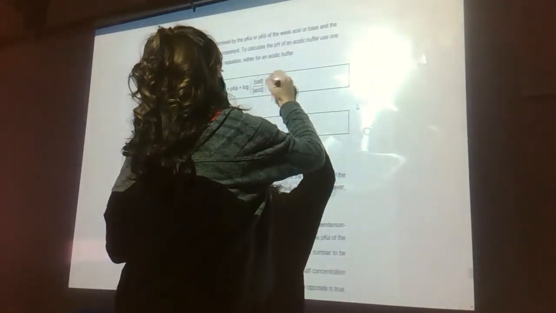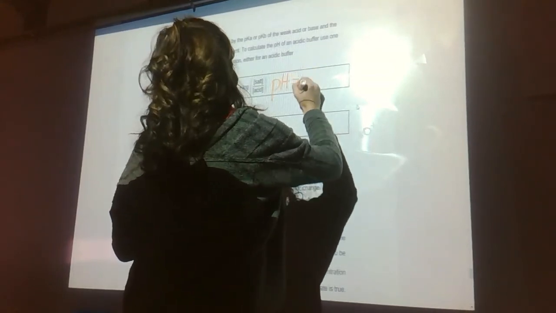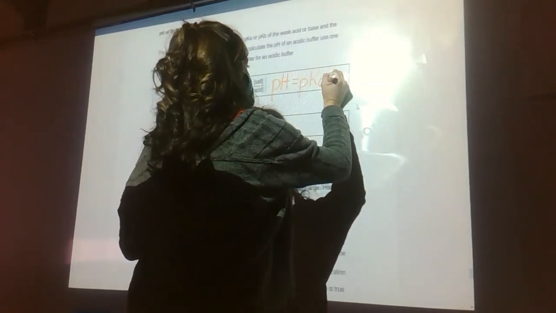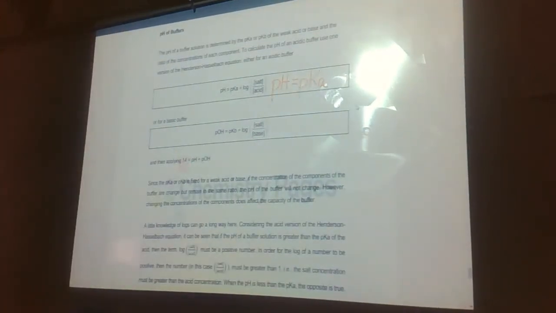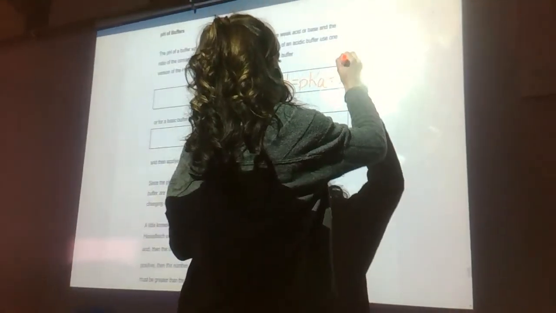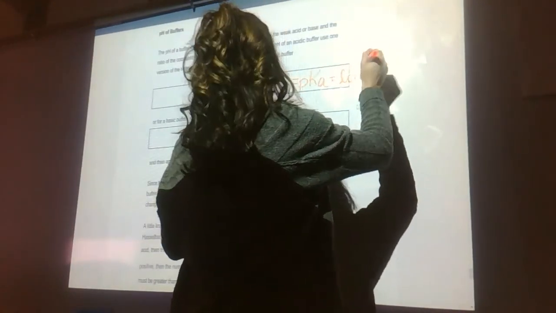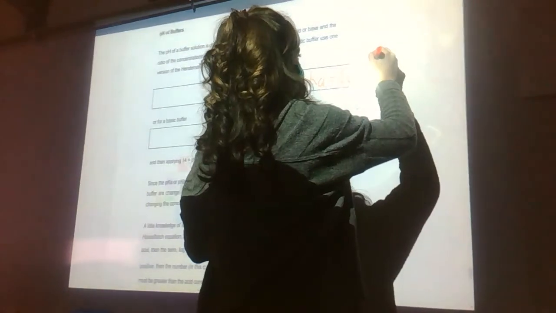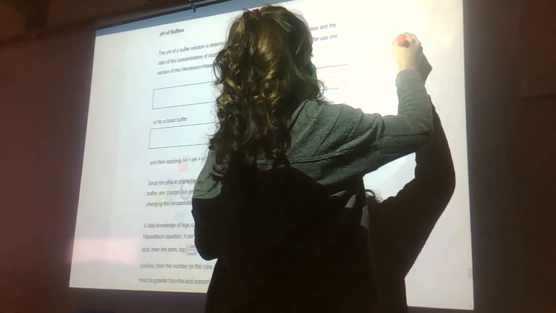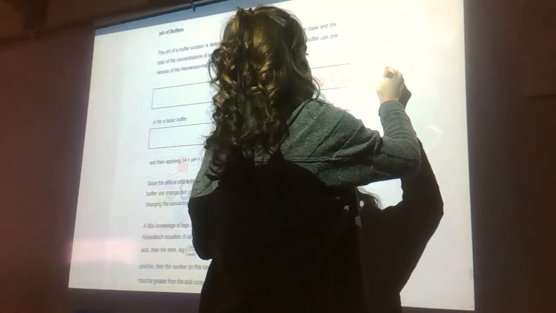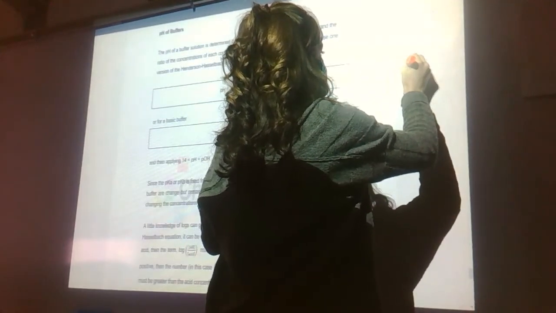So the pH is equal to the pKa of that weak acid, the negative log of the Ka, plus the log of the concentration of the salt present, that's the negative ion, divided by the concentration of the original weak acid.